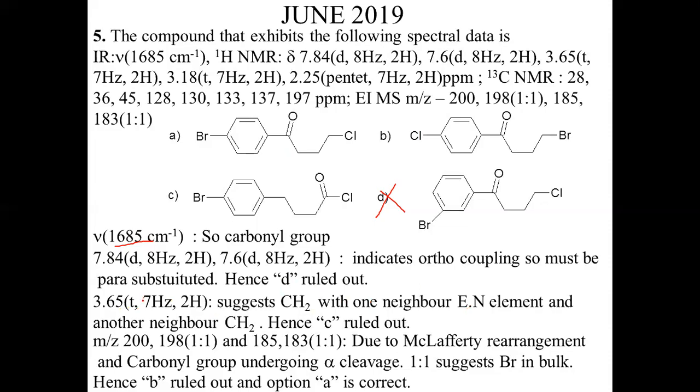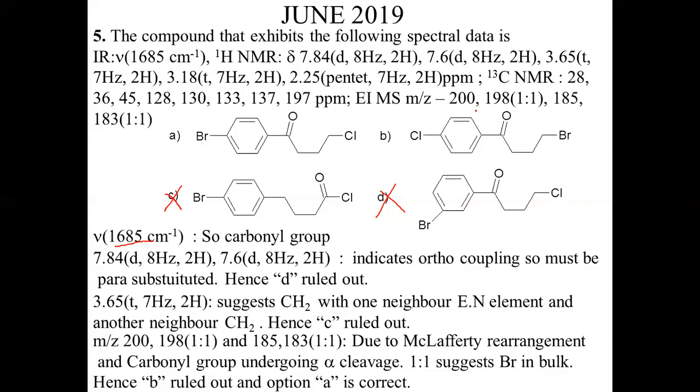That is why it is split into triplet. Now when you look here, here you have one CH2. Here also you have one CH2. But this CH2 is next to your carbonyl group. This is an electron withdrawing group and not an electronegative element. So you can rule out option C. Now you are left with option A and B.